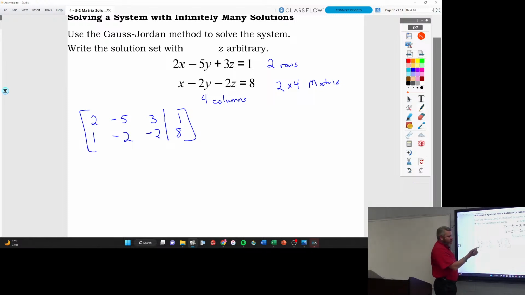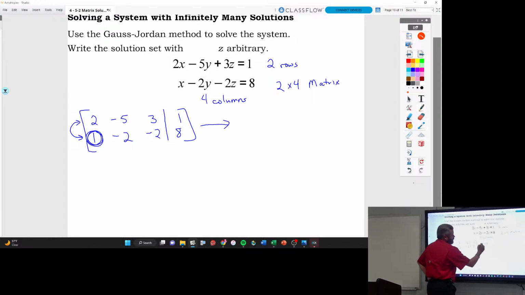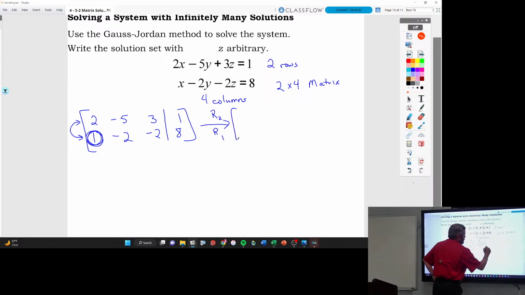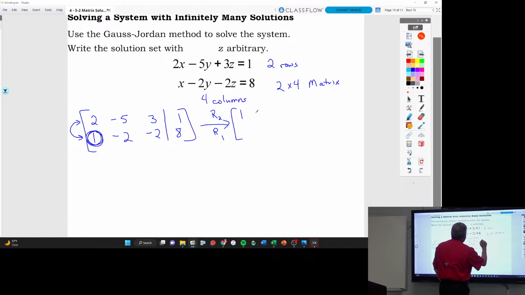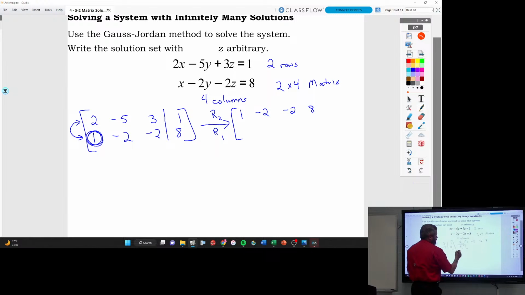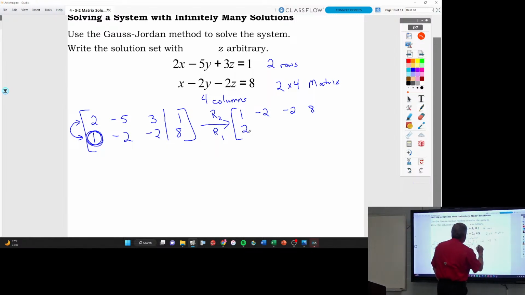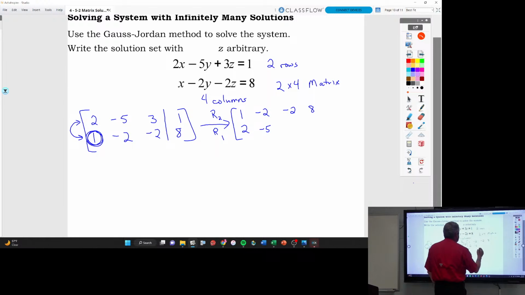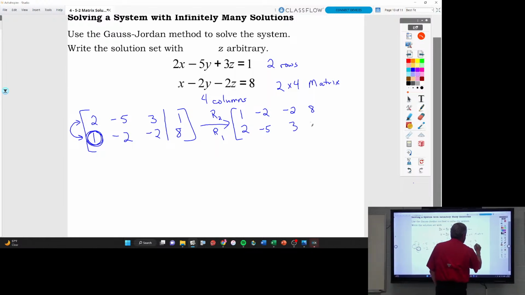Well, I could, if I wanted to, multiply all of row 1 by 1/2 and turn that 2 into a 1. But if you'll notice, I've already got a 1 right here. So I'm just going to simply swap these guys. I'm going to write row 2 on the top and row 1 on the bottom. And when I do that, I have 1, -2, -2, 8. And row 1 goes on the bottom now: 2, -5, 3, 1.